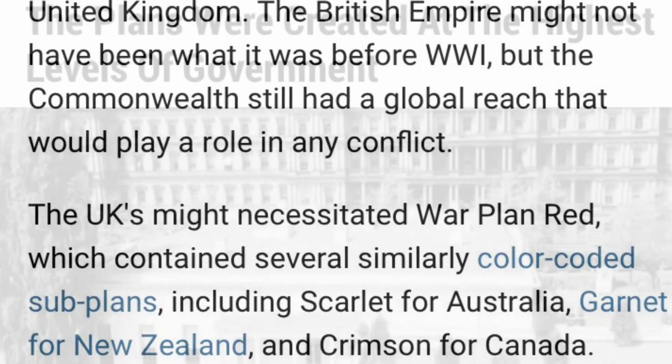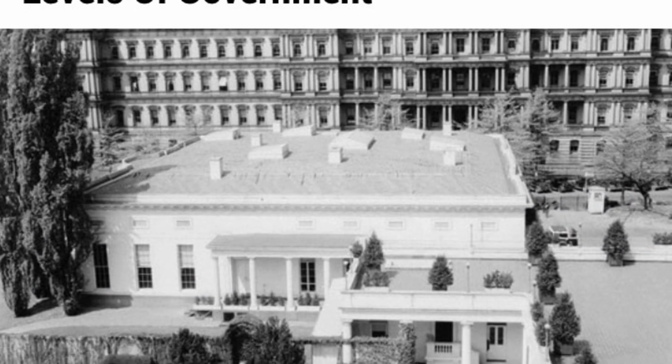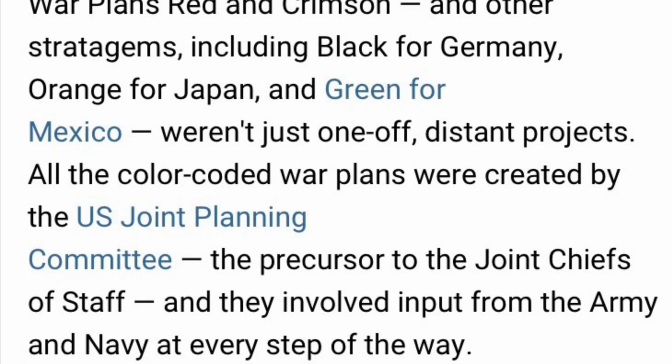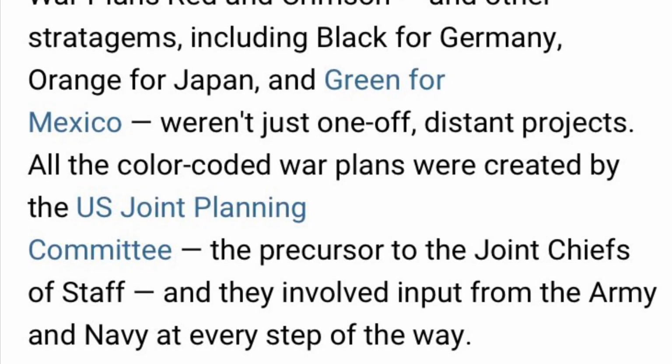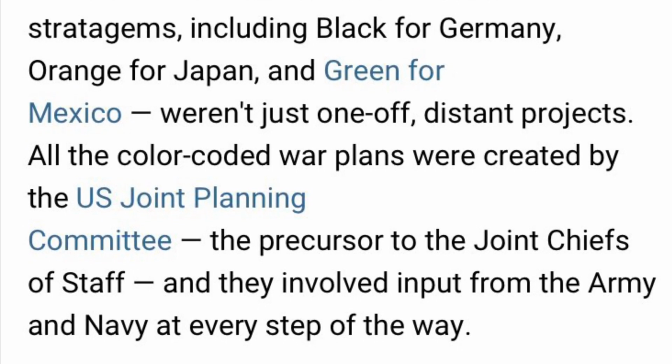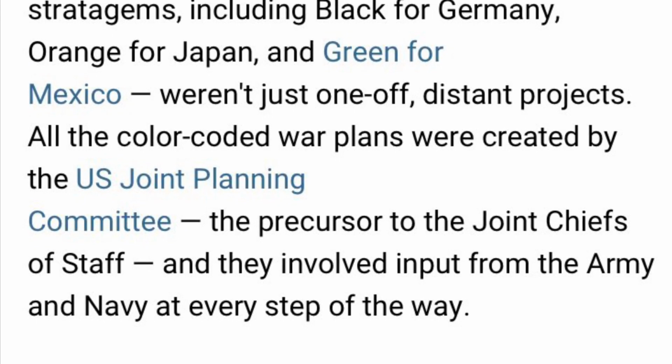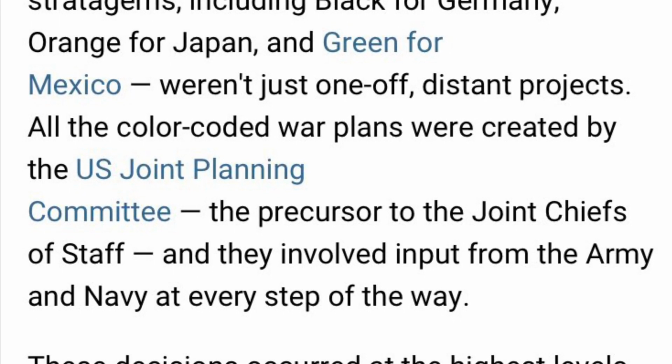The plans were created at the highest levels of government. War Plan Red and Crimson and other strategies, including black for Germany, orange for Japan, and green for Mexico, weren't just one-off distant projects.